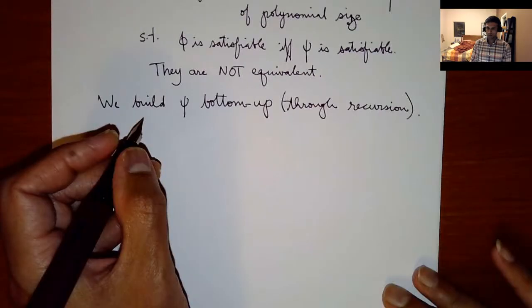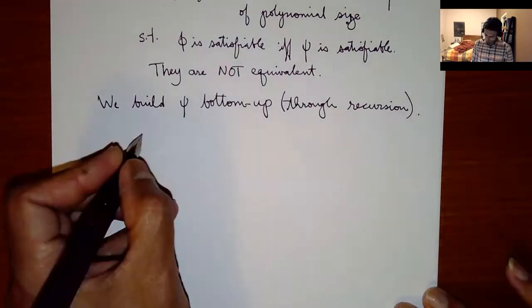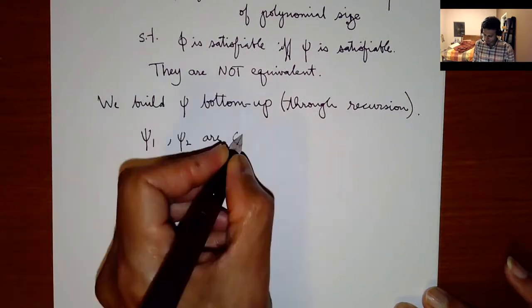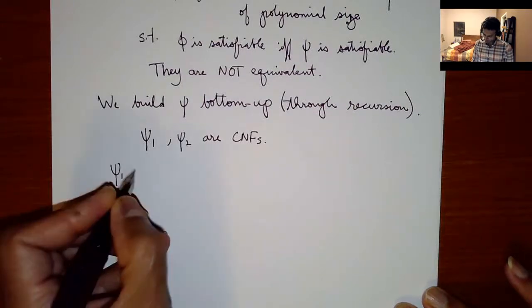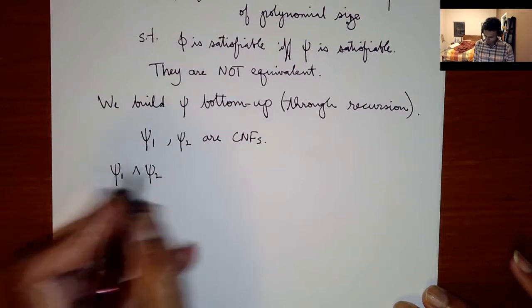I want to be careful with my notation. Let C1 and C2 be CNFs. Then obviously C1 and C2 is a CNF.